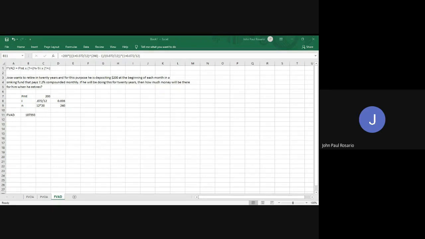Same answer ba yung nakuha? Yes, sir. Okay, sige. Now, let's move on to manipulating this formula. Now, somebody tell me kung unsa ang formula for payment?